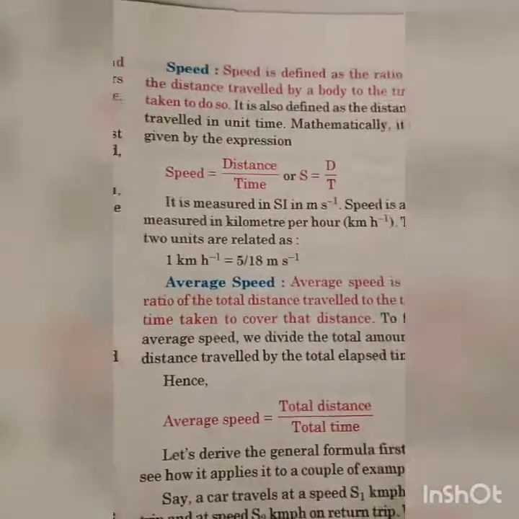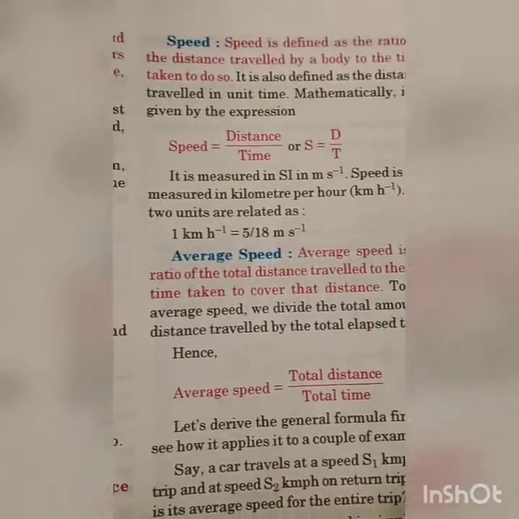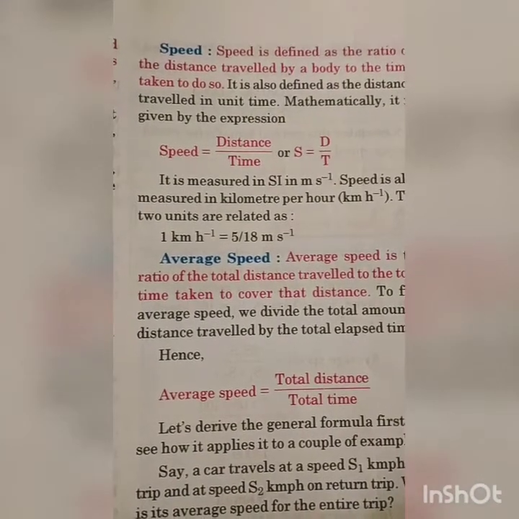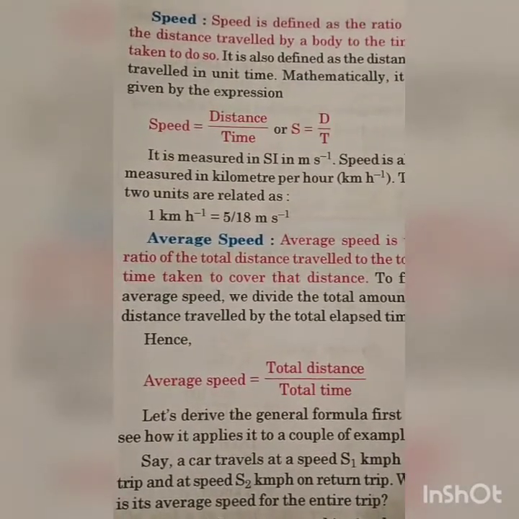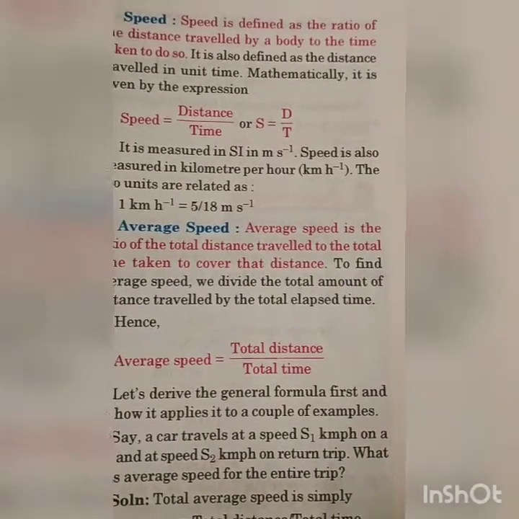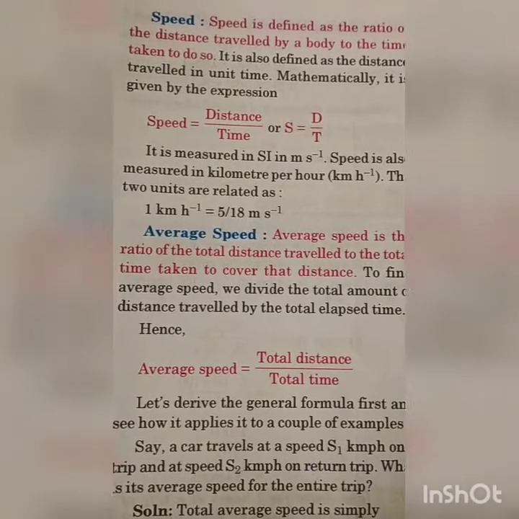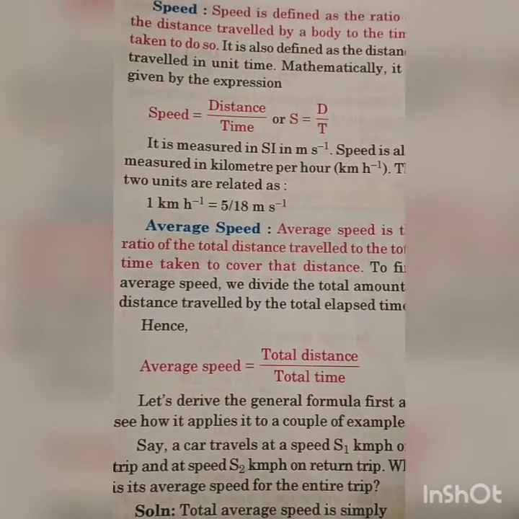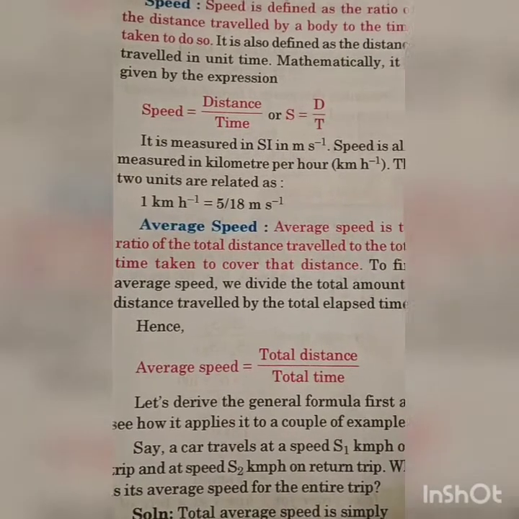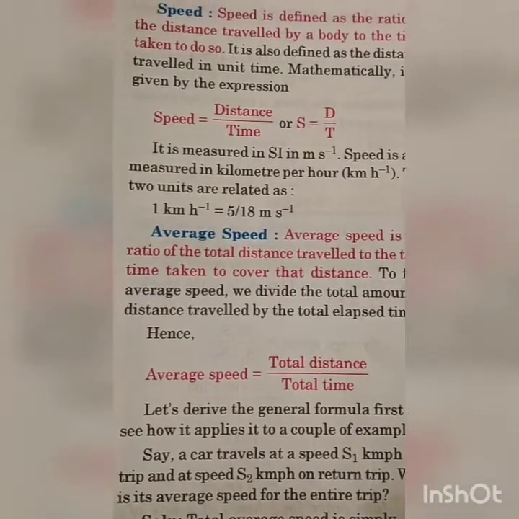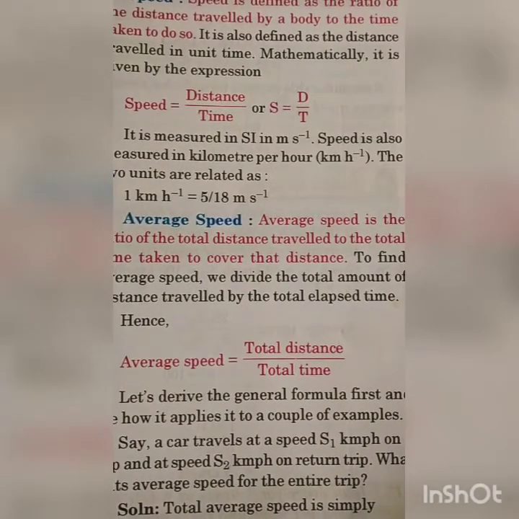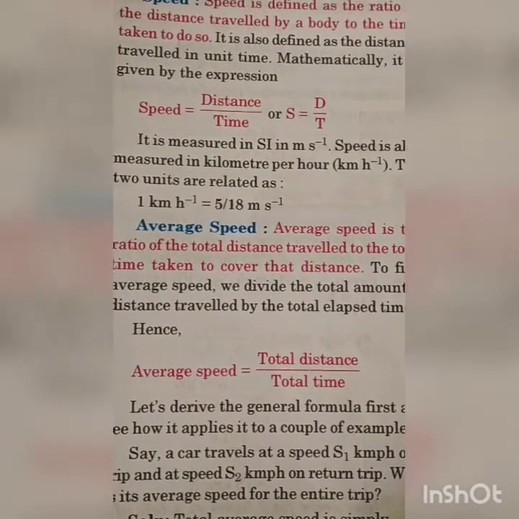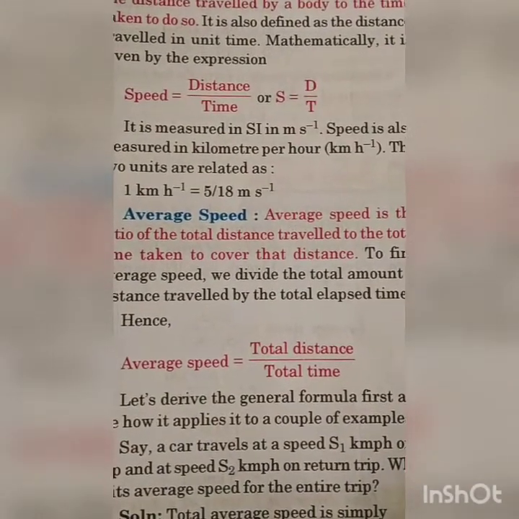Now, what is speed? Speed is the distance covered by a body in a unit time. In SI units we take 1 second as the unit time. So in 1 second the distance covered is called the speed of that body. In general we take kilometer per hour as the speed, but in physics usually we use meter per second.